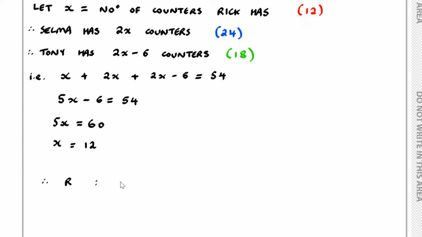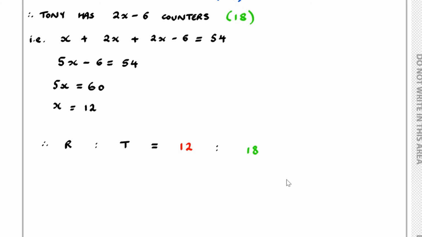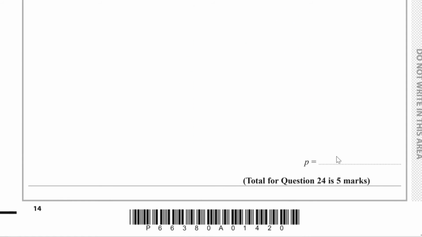The ratio Rick to Tony, we have 12 to 18. And if I write this in the form 1 to p, well, I want a 1 over here, so I have to divide both sides by 12. 18 divided by 12 is 1.5, so that means p is 1.5.